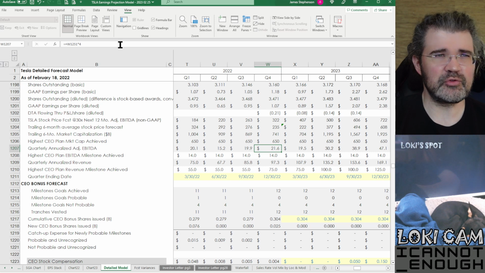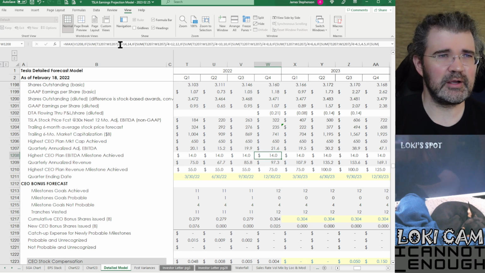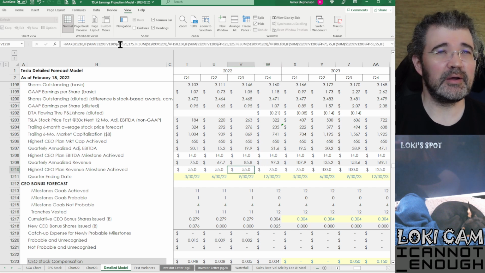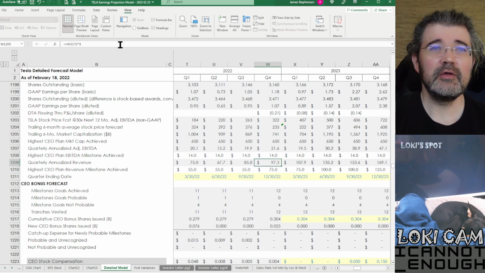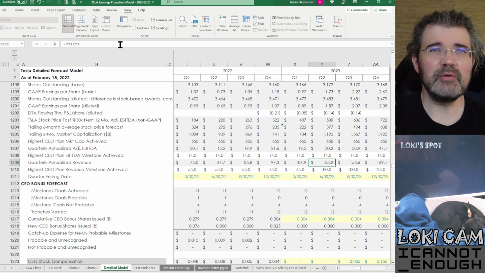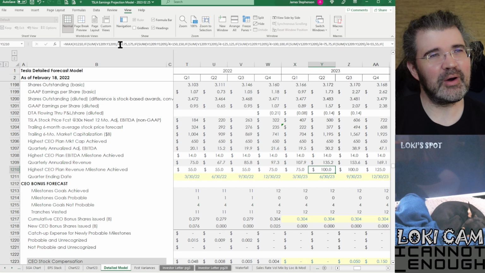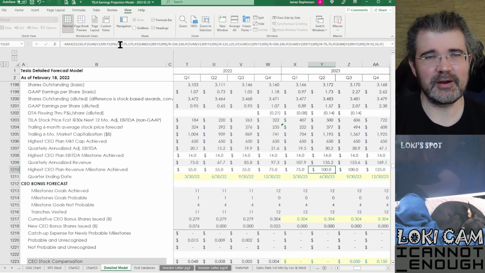Quarterly annualized adjusted EBITDA was another one of the targets. Then revenue was next on here. So by Q2 of 2023, Tesla will be over the $100 billion quarterly annualized revenue mark.